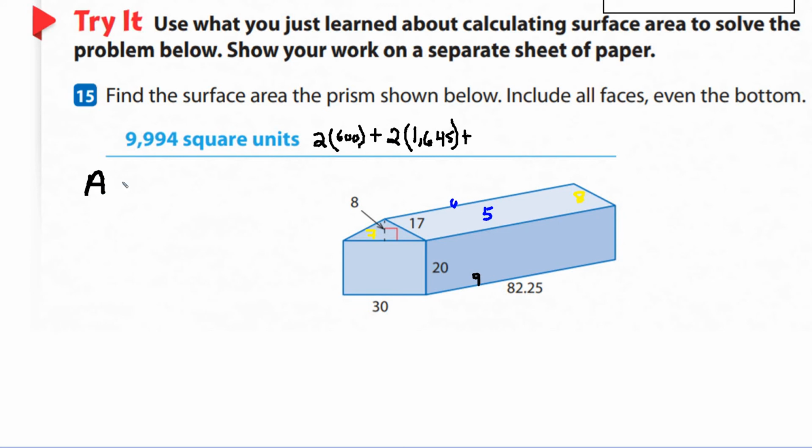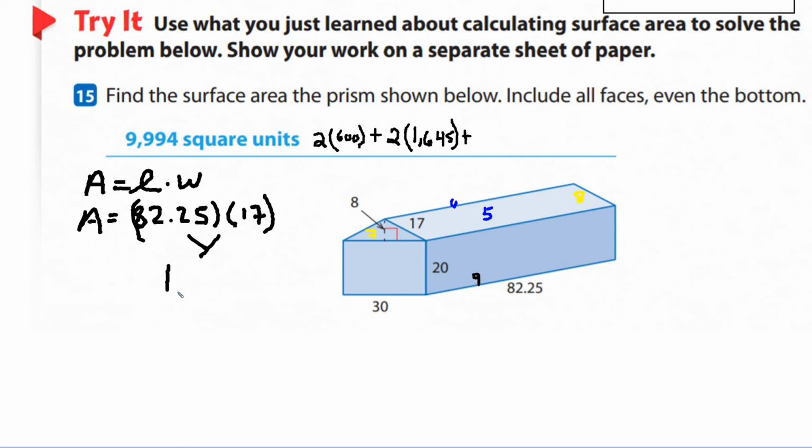So let's find the area of a rectangle. Again, it's length times width, and the length is 82.25 again times 17, and we get 1,398.25.